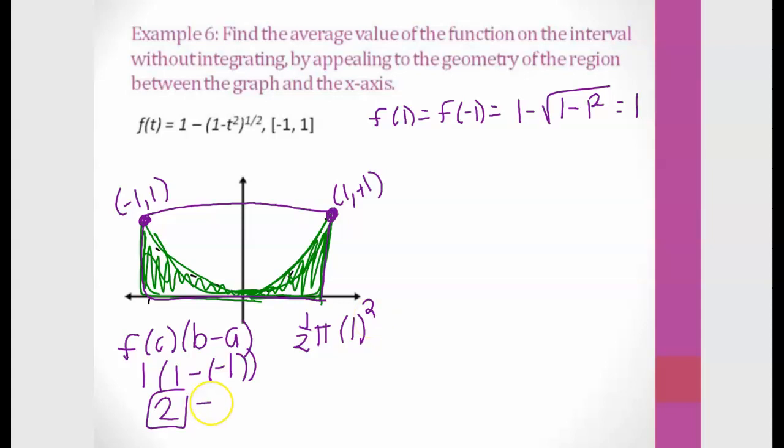So we have 2 minus 1/2 pi, which would represent the green shaded space. So the purple is 2, the green is 1 minus 1/2 pi.